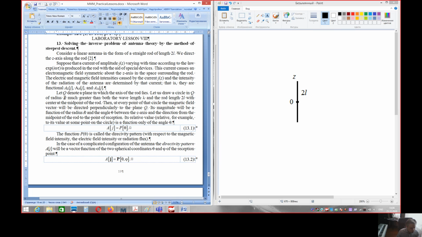Let Q denote a plane in which the axis of the rod lies. Let's draw a circle in Q of radius r much greater than both the wavelength lambda and the rod length 2L.